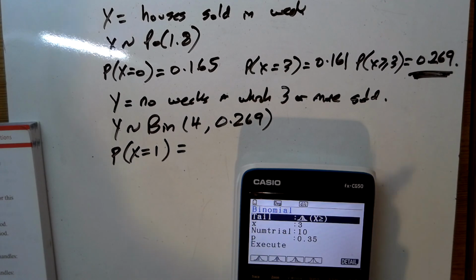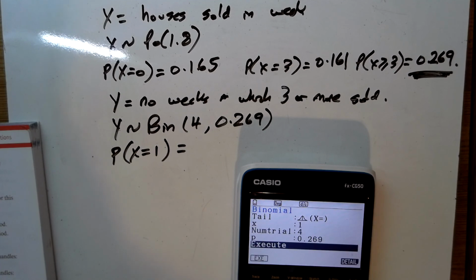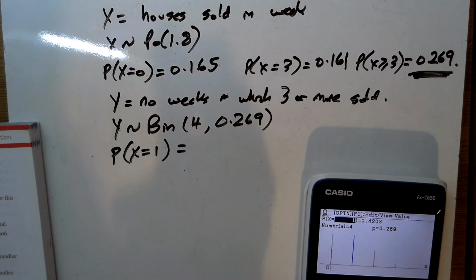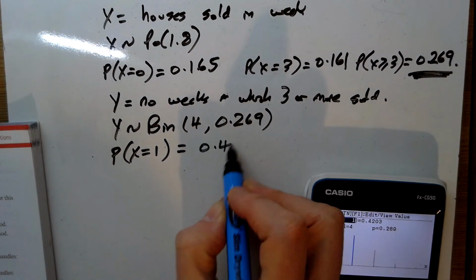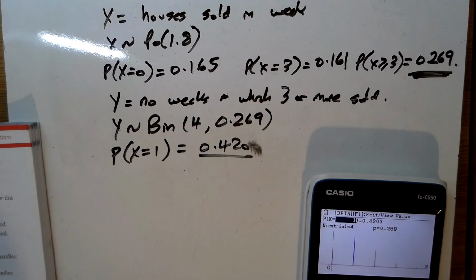We've got an exact one here, so we want it exactly equal to 1 out of 4, and the probability of winning there was 0.269, and that gives us 0.4203, 0.420.